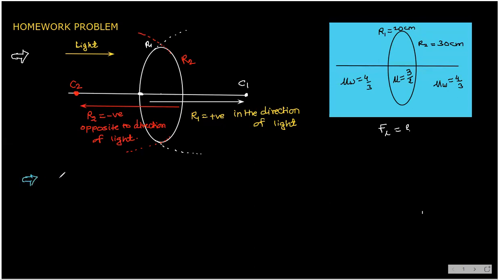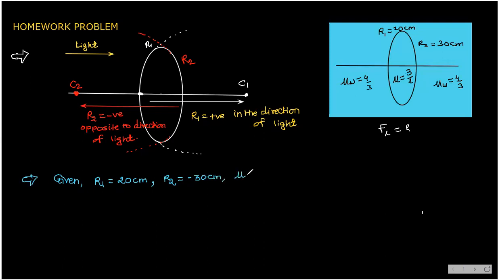Now here, given is R1 equal to 20. As it is in the direction of light, I am keeping a plus sign. R2 is opposite to the direction of light, and that's why I am keeping a minus sign, minus 30 centimeter.